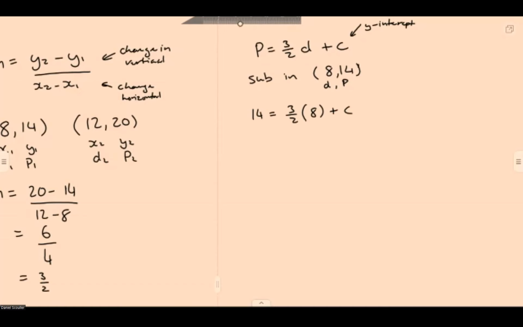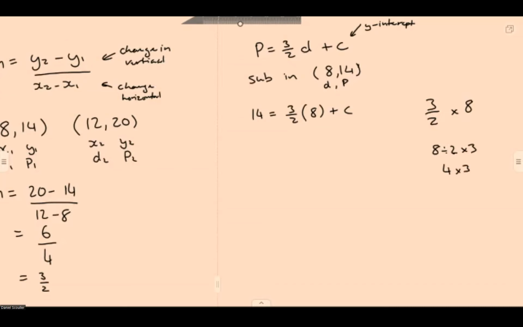Remember, when we've got a fraction multiplied by a number, you multiply the top line first, and then divide by the bottom line. So 24 divided by 2, which is 12. You could also, if it's easier, do the 8 divided by the 2 first, multiplied by the 3. Remember, you can divide and multiply in any order. Whatever the simplest way to do it.